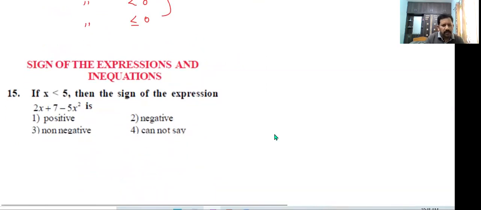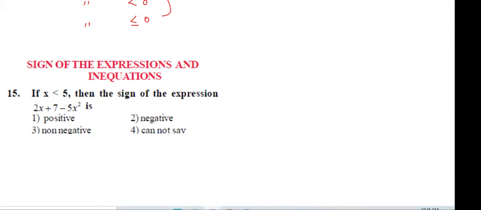If x is less than 5, then the sign of the expression 2x plus 7 minus x square is positive, negative, non-negative, or cannot say. How to find it? Take 2x plus 7 minus x square as the quadratic expression f of x, and see that the x square coefficient is negative.